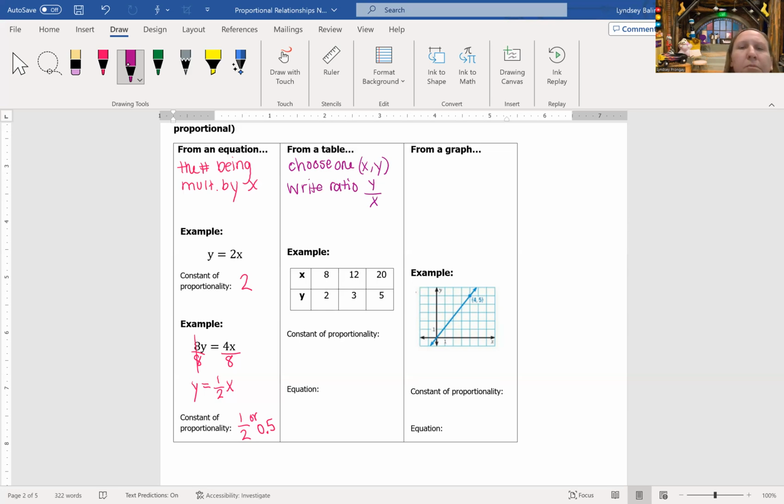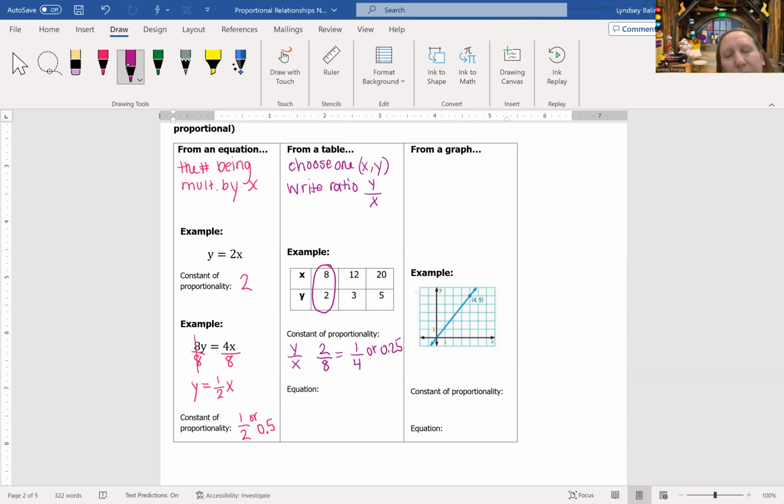So here we have our points: 8, 2, 12, 3, 25. I'm going to choose the one with the smallest numbers. Remember, constant of proportionality is y over x. So that would be 2 over 8, and that simplifies to 1/4, or 0.25.